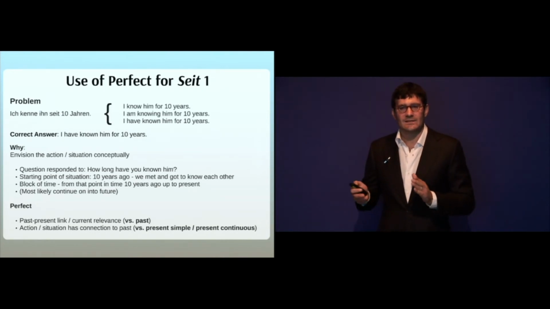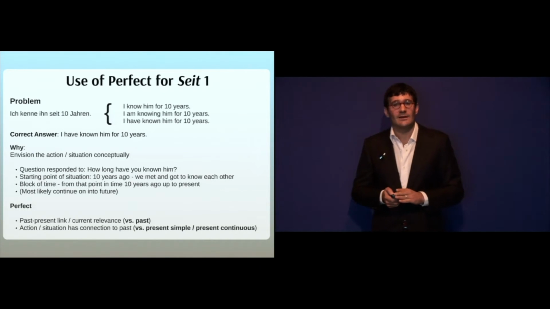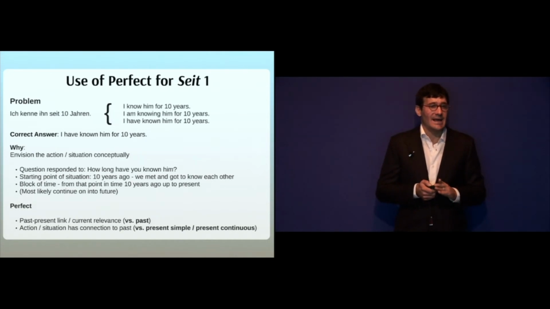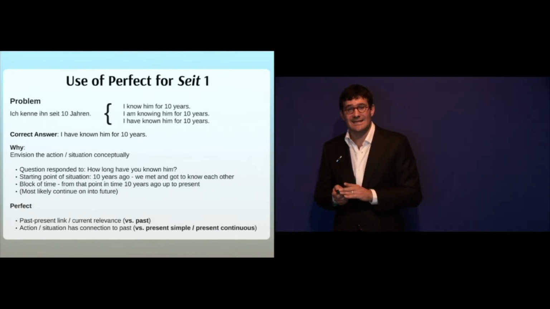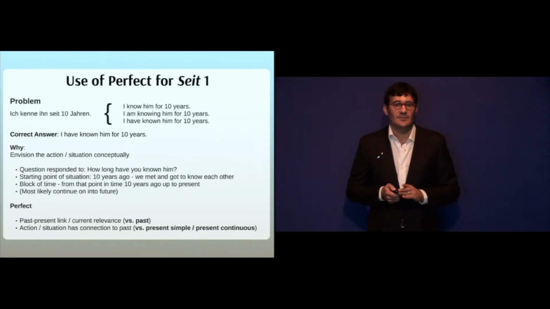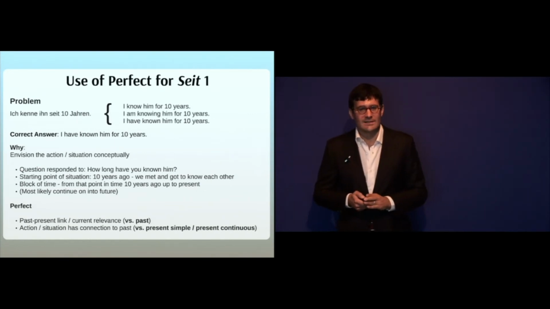So that's why there's a difference between the present perfect and the simple past. However, this action also has a connection to the past, which is why we don't use a present simple or present continuous to express this. Obviously, it's 10 years ago I met him, and it continues on up to the present.